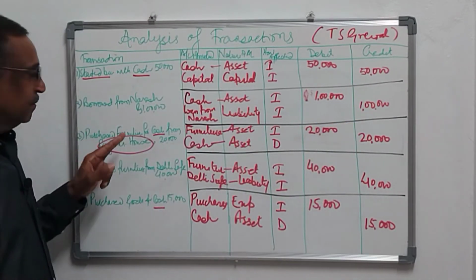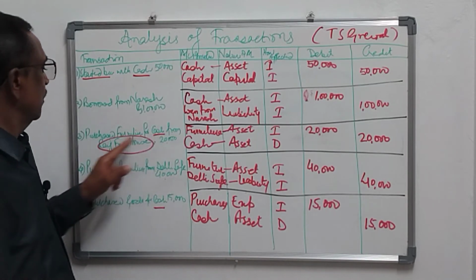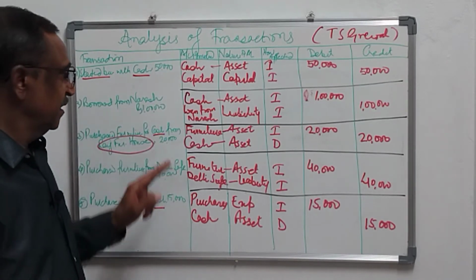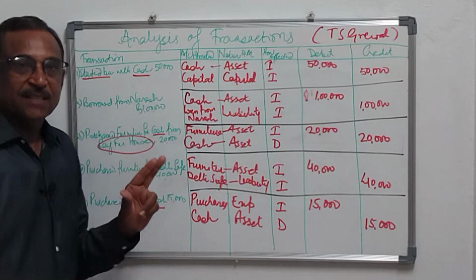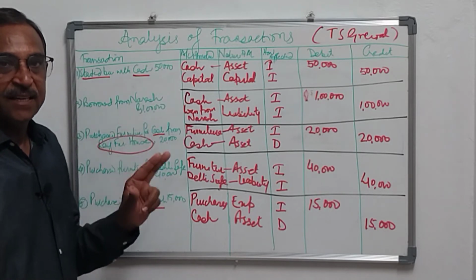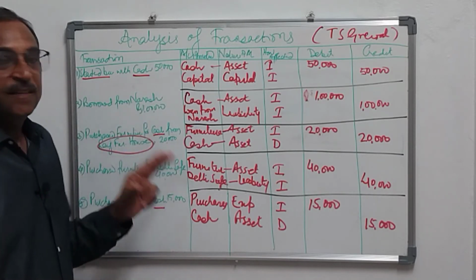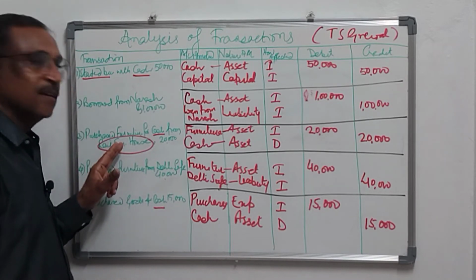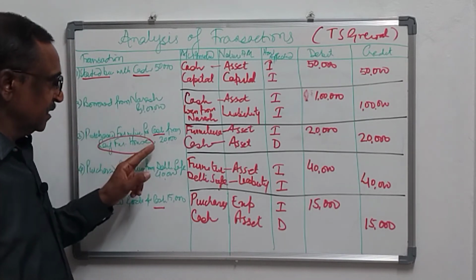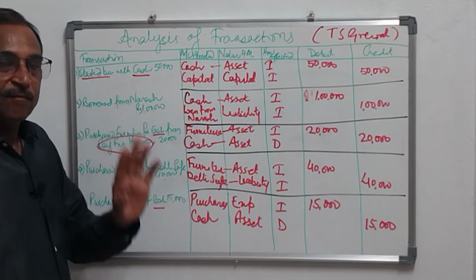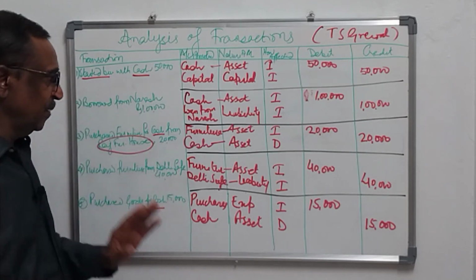Purchased furniture for cash from Raj Furniture House 20,000. Whenever there is a cash transaction, buying and selling is taking place in cash, then we are not concerned with the name of the firm. We are concerned with cash, because one account will be cash.